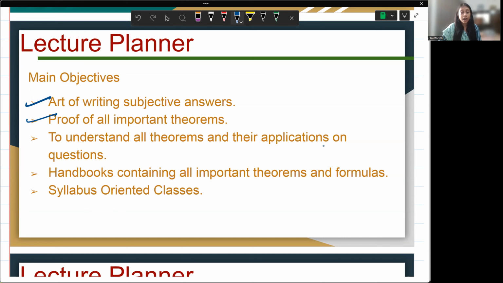So we'll understand all the theorems so that you can apply them very easily in questions, right? Next is handbooks containing all important theorems and formulas. It's very important after completing the whole syllabus, so you can concentrate on everything together. You have to bring everything together, and this is the first step to do that.